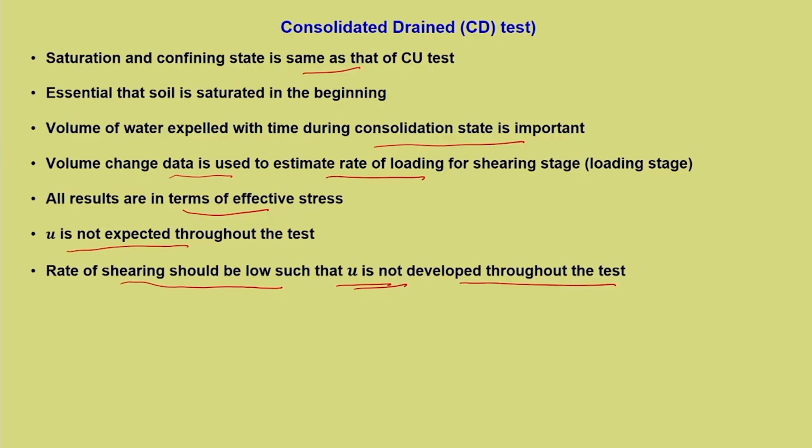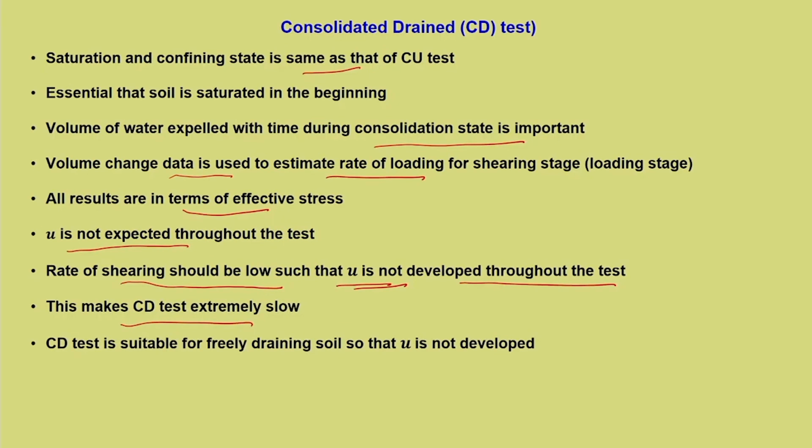Here we need to ensure that there is no pore water pressure generated during loading. Hence, the shearing rate should be low, so that it does not allow any pore water pressure to develop. So, this makes the CD test extremely slow. The CD test is suitable for freely draining soil so that U is not developed, especially sandy soils, where generally the CD test is conducted.